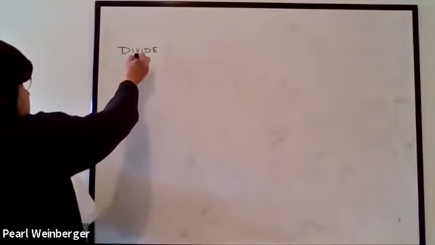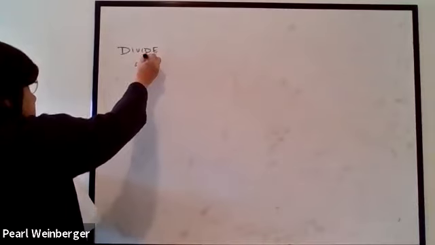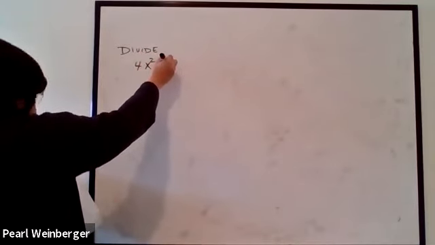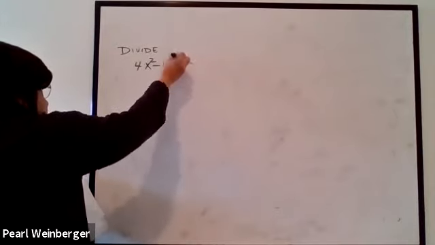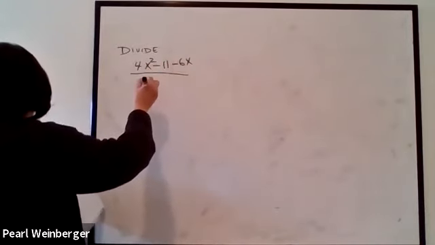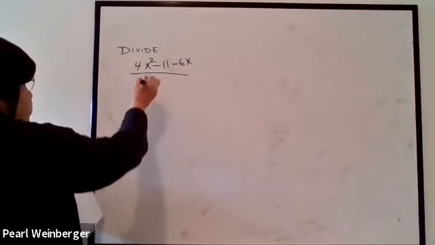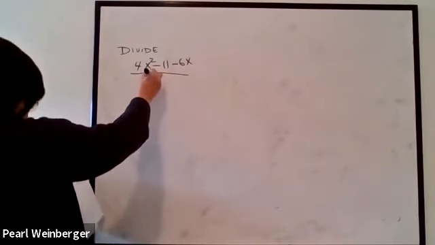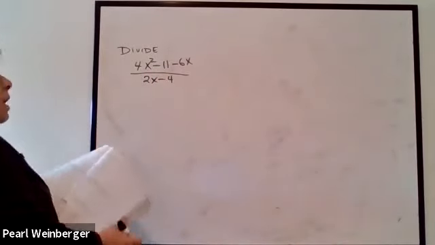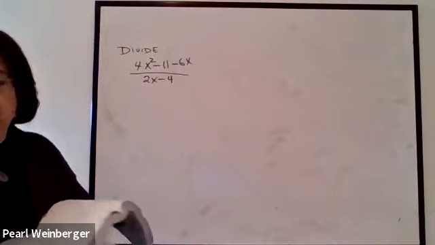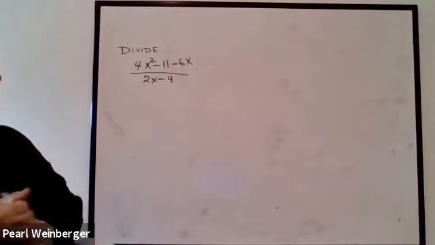So I want you to divide 4x to the third minus 11 minus 60 by the polynomial 2x minus 4. Okay, I'm going to give you time to do that while I take attendance.